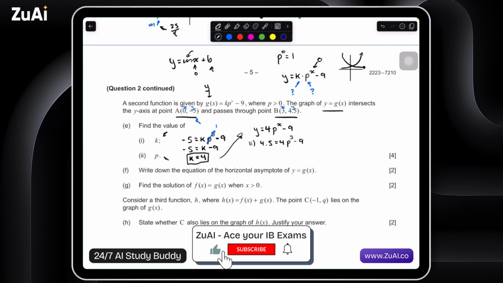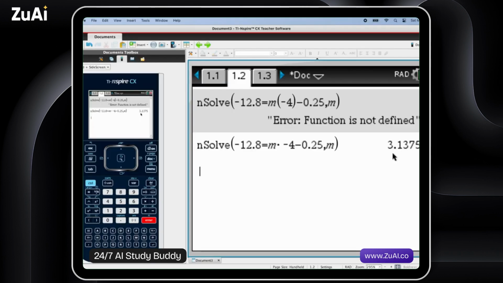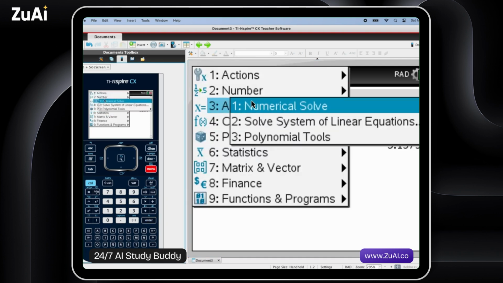Now we're going to go ahead and solve for p in this case. So let's go back to the calculator and work this out. Menu, algebra, numerical solve.